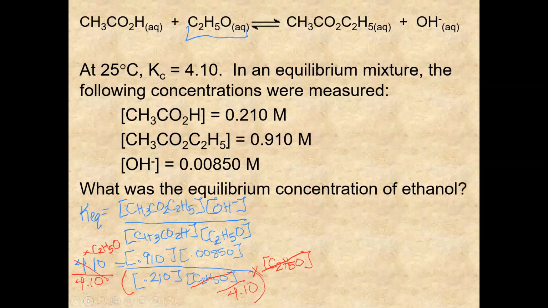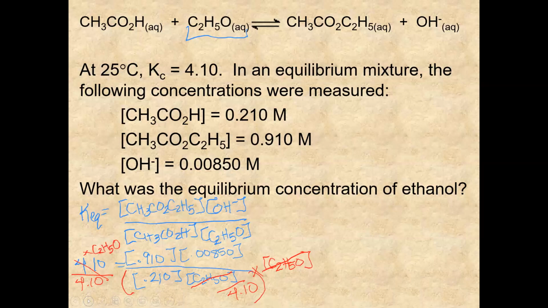So when you put this in the calculator, you're going to do 0.910 times 0.00850 divided by, open your parentheses, 0.210 times 4.10.